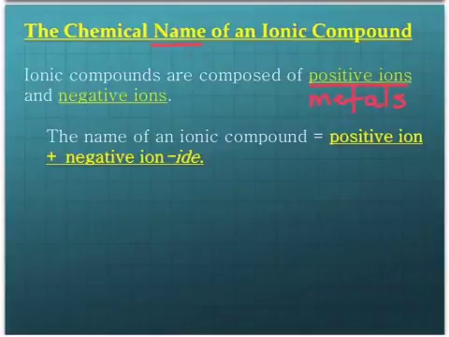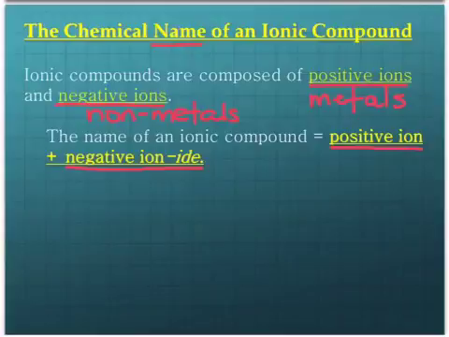The negative ions are all nonmetals. Just as we reviewed, this is a bond that occurs between metals and nonmetals. To name an ionic compound, we first name the positive ion, always, and then at the last part of the name, we put the negative ion and change its ending to add IDE.